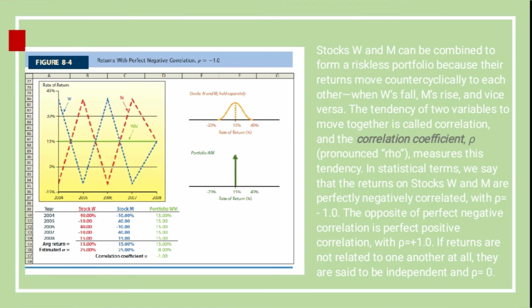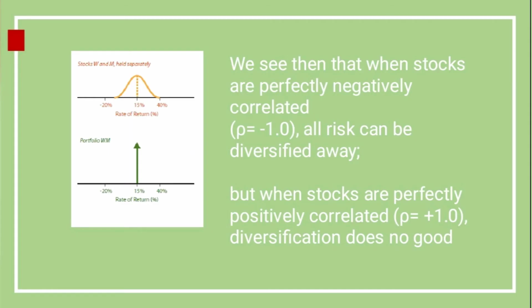The tendency of two variables to move together is called correlation, and the correlation coefficient measures this tendency. In statistical terms, we say that the returns on stocks W and M are perfectly negatively correlated. As we see in the lower graph, when stocks are perfectly negatively correlated, all risk can be diversified away.